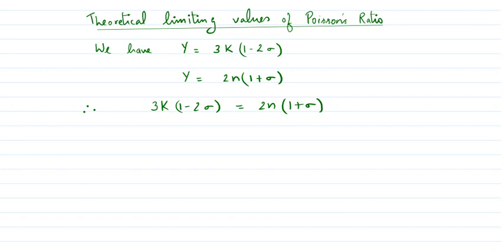So if sigma, that is Poisson's ratio, is positive, what will happen? The right hand side is positive, therefore the left hand side must be positive.